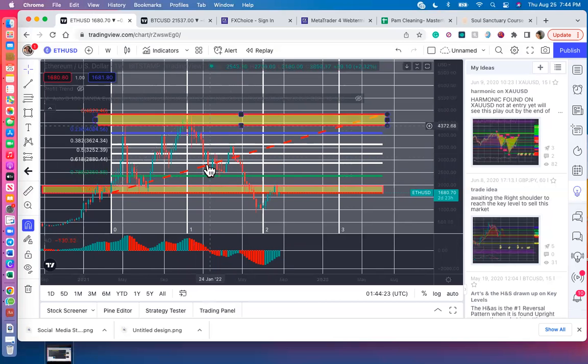We also had that smaller harmonic letting us know that this was dropping. Very similar movements on both of these different pairs. But I do believe that because they're both crypto, that's why they move similar.